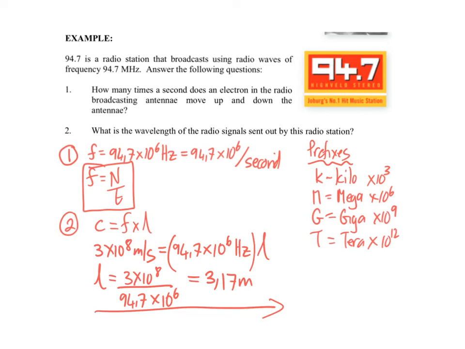So substituting for the frequency, 94.7 times 10 to the 6 hertz, and then dividing by 94.7 times 10 to the 6 and solving for lambda, we get that the wavelength of the radio waves that this particular radio station uses as their base signal, that's their fundamental signal, is approximately 3.17 meters.